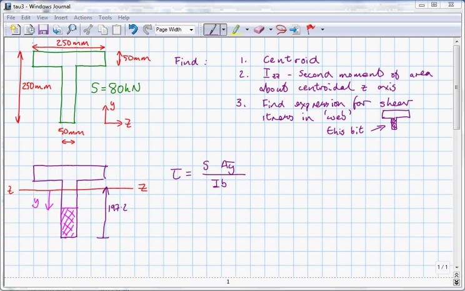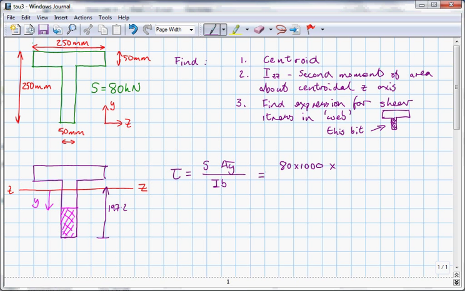Okay, so now we've got this diagram, we can start to build up the equation for shear stress. So in this case it's equal to 80 kilonewtons, I'm going to turn that into newtons, times by AY bar. You have to remember that AY bar refers to that shaded pink section there.